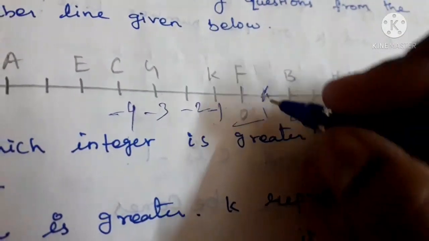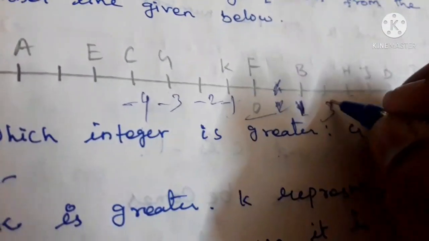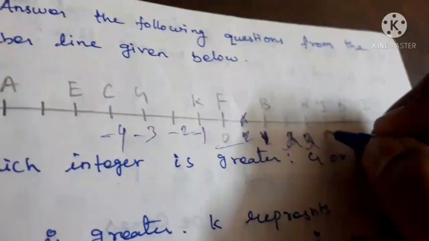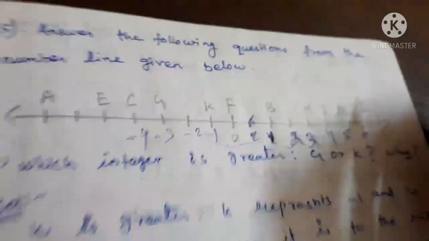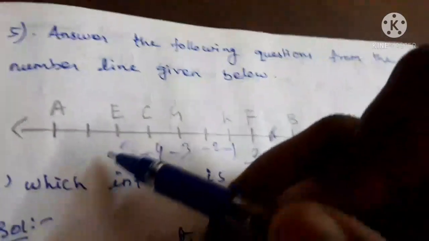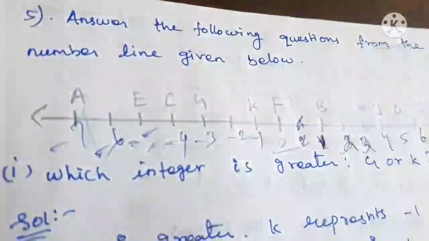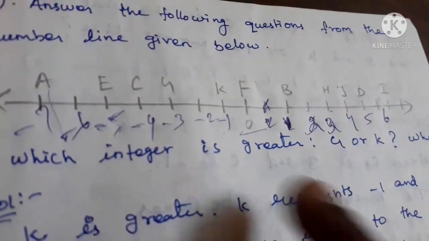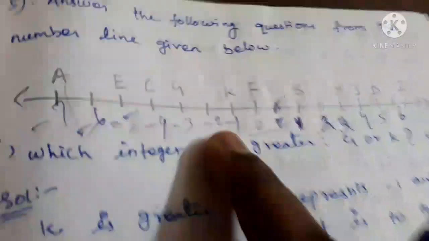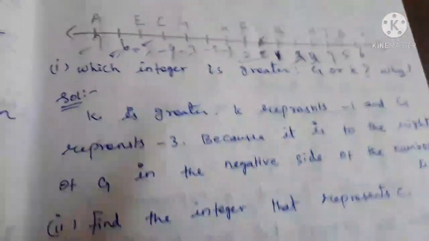Sorry students, this is not a number. So this is 1, 2, 3, 4, 5 and 6, and this is -5, -6 and -7. So just pair them up, 3 and -3. So we're pairing G and H.